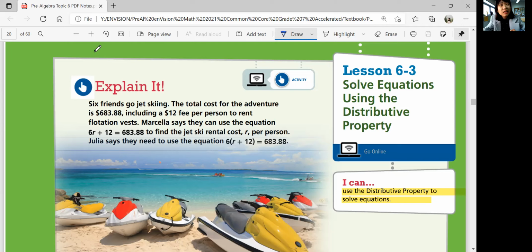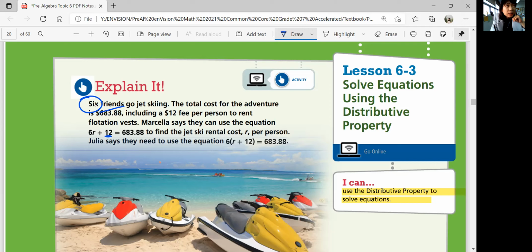So what does 6 represent? 6 friends, right? So you're multiplying by 6 because there are 6 people. Do you just multiply 6 for each fee and then add one $12 fee, which means you need only one flotation vest?